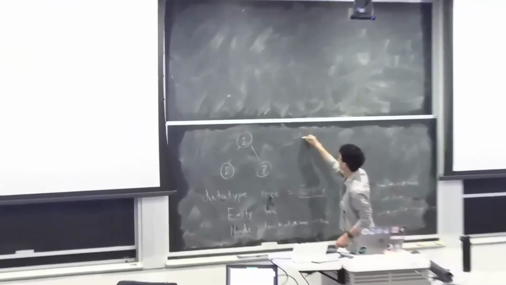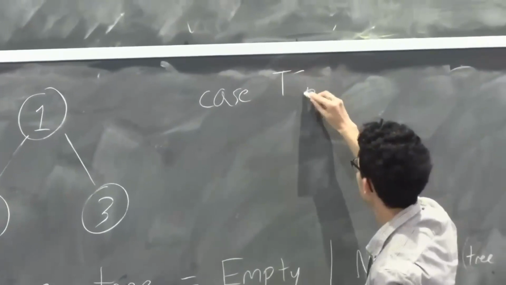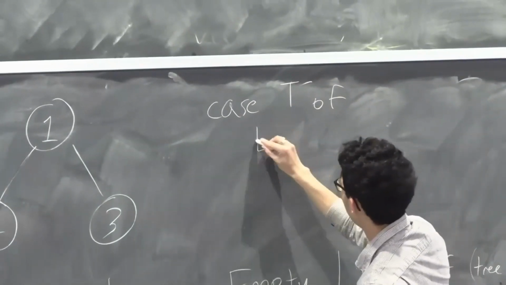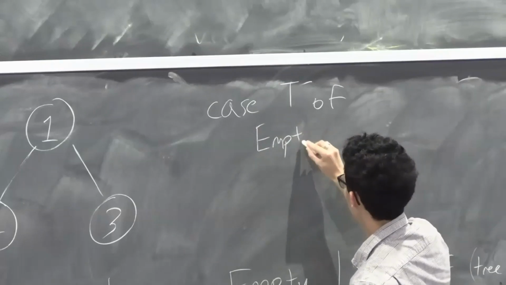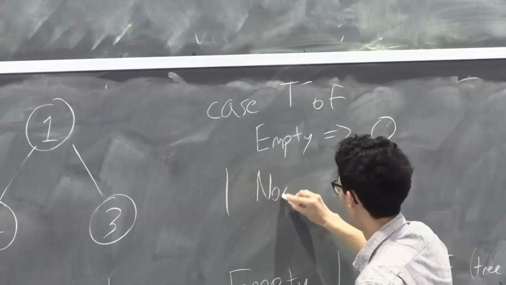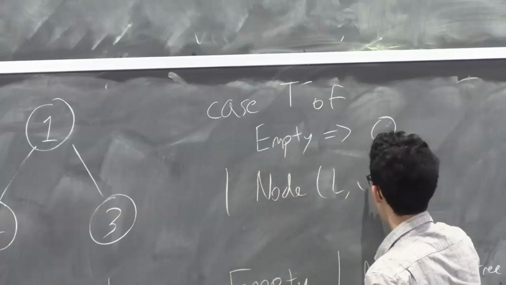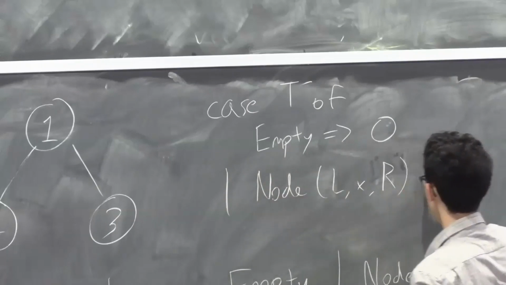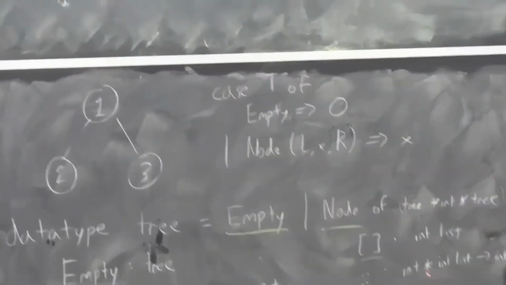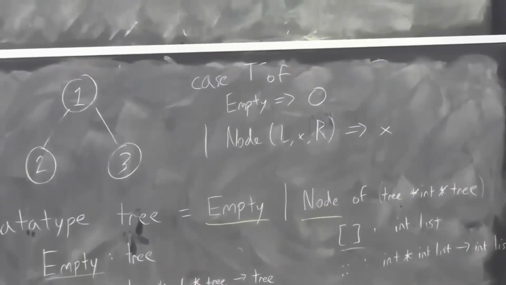So I say case T of, where T is a value bound to a tree, and then I would say empty goes to 0, or node of (L, X, R), which is how we typically denote this, goes to X, which is of type int, right? Because it's here, it's of type int.